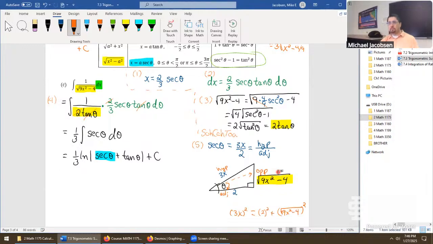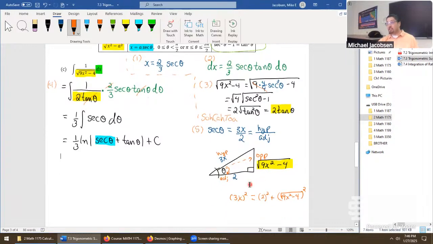I don't always do this check, but it's worthy to do a couple times, especially if you're trying the right triangle procedure for the very first time, to see if it works. So on the left, it's 9x squared equals 4 plus 9x squared minus 4. What happens with the square root and the power 2 is they annihilate each other. And then down here, 9x squared would be equal to 9x squared. So that tells us, here's our check, we're on our way with this.